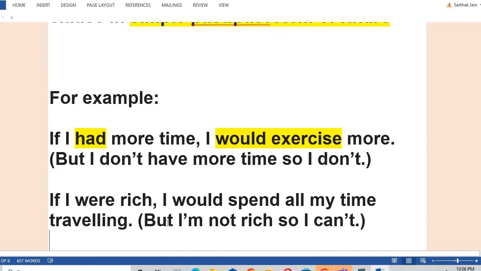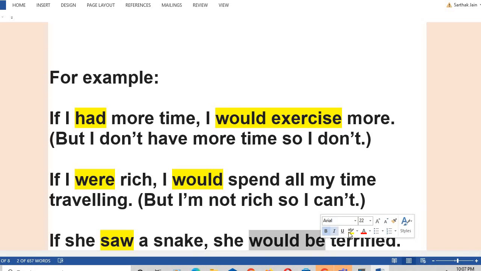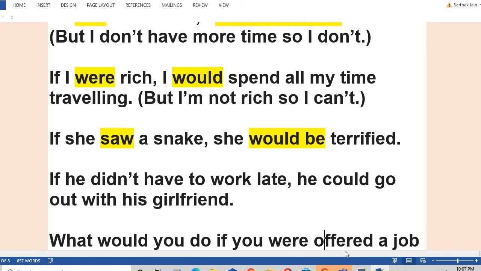Okay, see the next. If I were rich, if I were rich, I would spend all my time traveling. Future in its past form. Okay, if she saw a snake, she would be terrified. Okay, because this is an action in passive, that is why be will be followed by would, and then the third form will always be there.